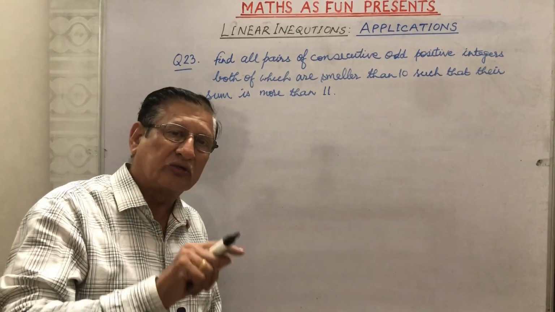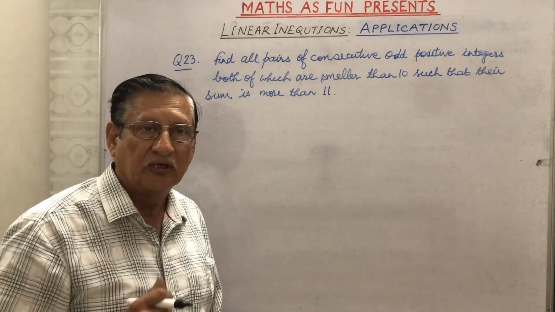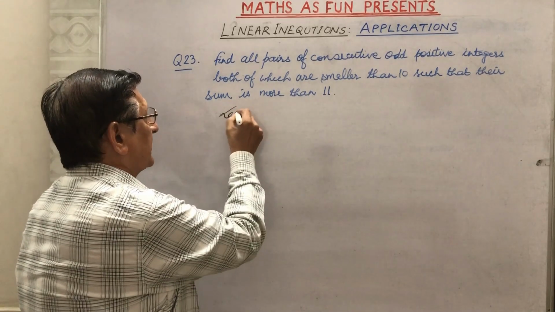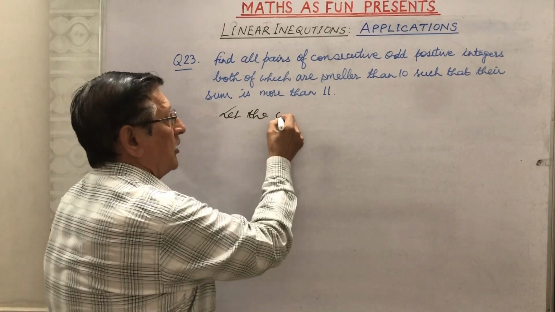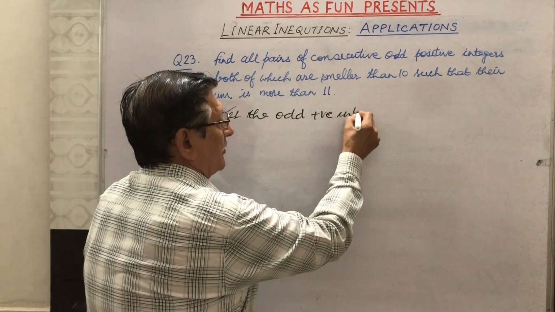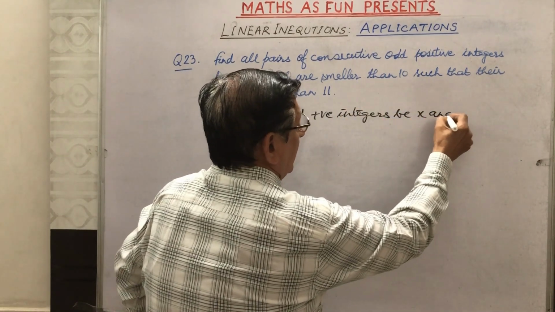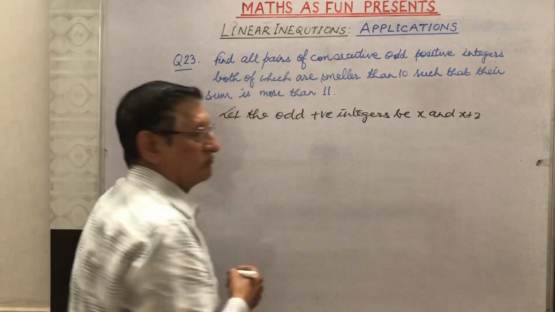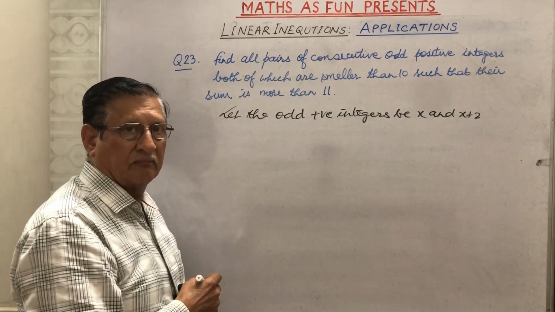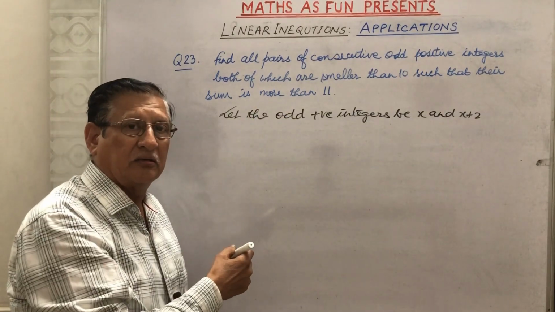First of all, we know that consecutive odd integers have a difference of 2. So let the odd positive integers be x and x + 2. According to the problem, both are to be less than 10.